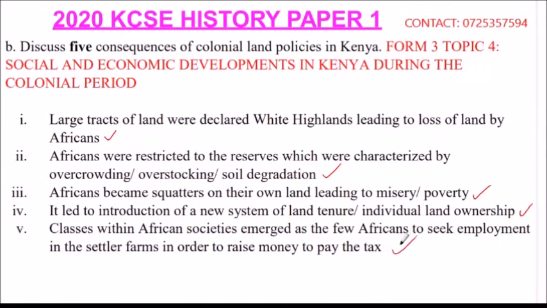So that's also a consequence of colonial land policies in Kenya. They were forced to, because the white administration introduced what we call tax, and therefore they needed to work to be able to pay the tax.